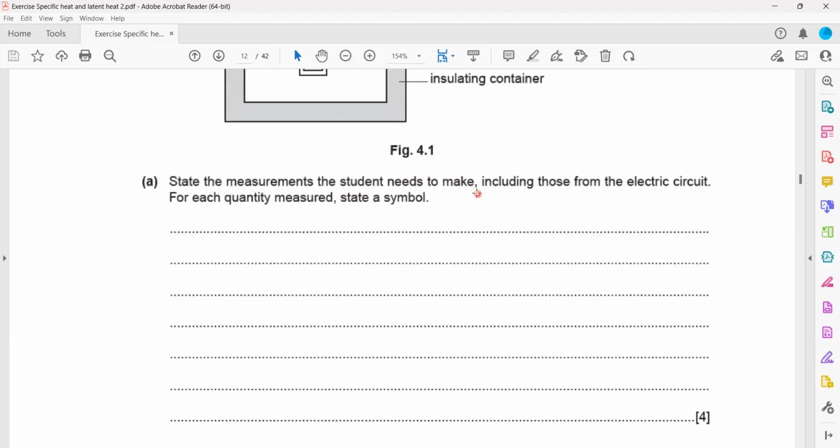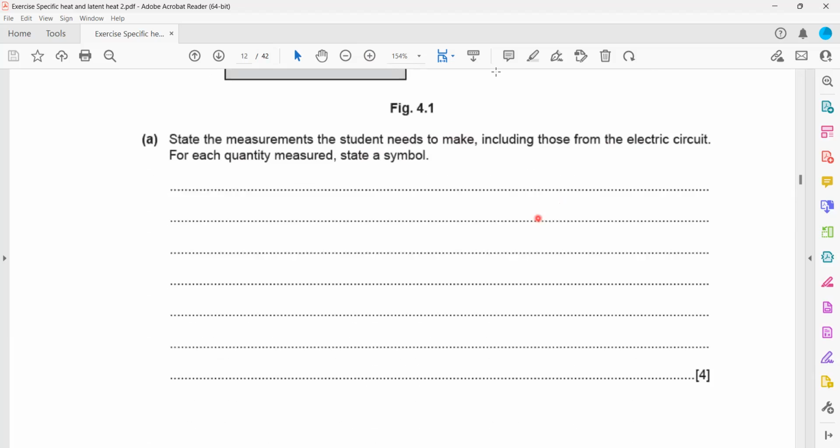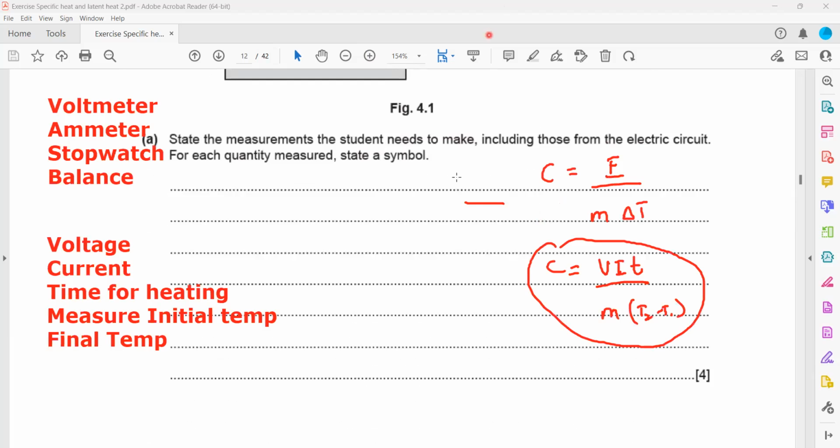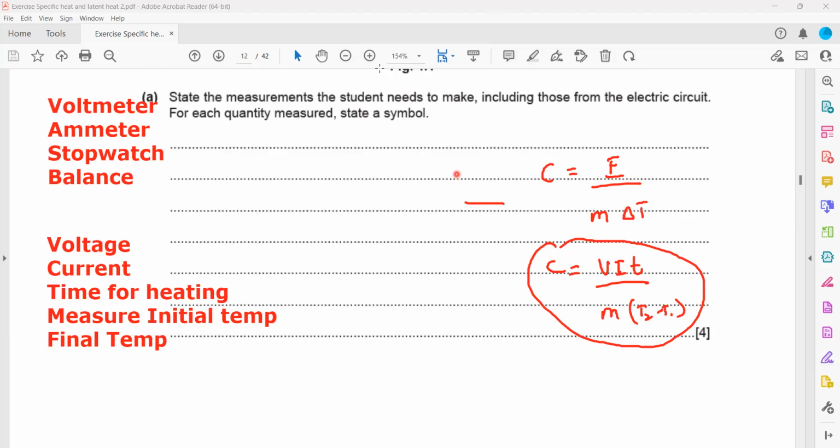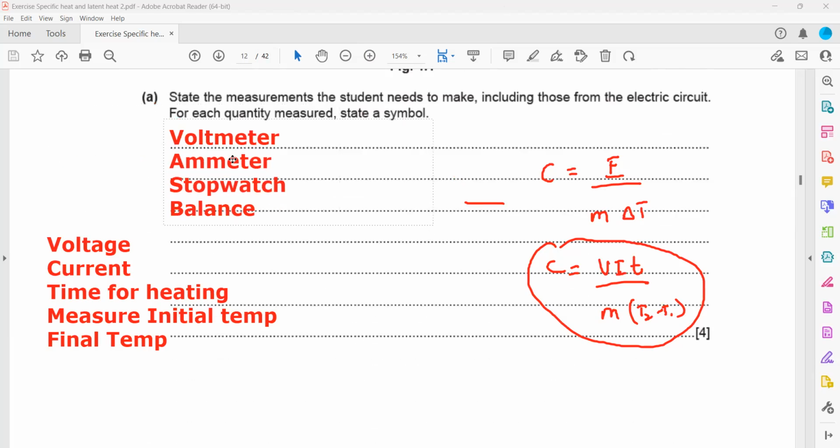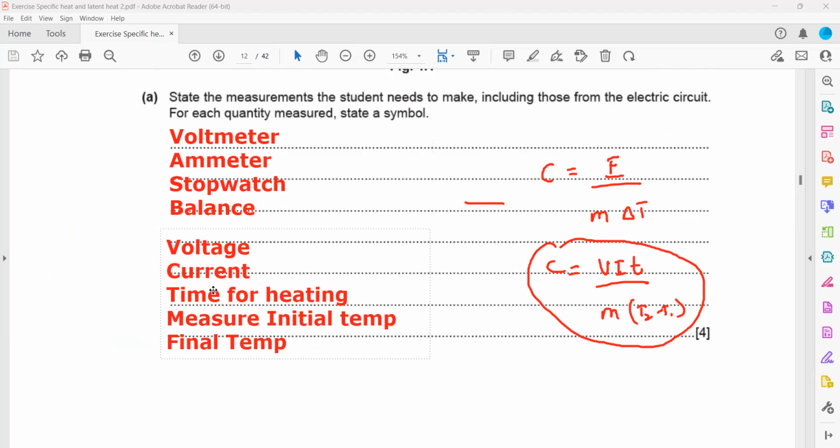State the measurements the student needs to make, including those from the electrical circuit, and for each measurement state the symbol. It's the same answer, there's no difference. We will use a symbol like here: voltage is V, current is I, time is T, initial temperature T1, final temperature T2.